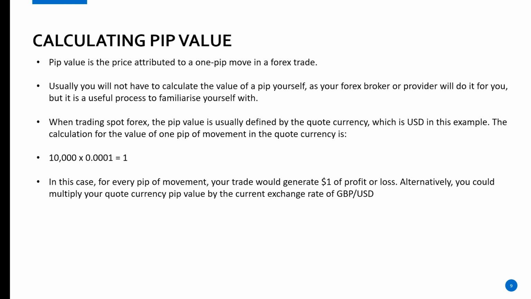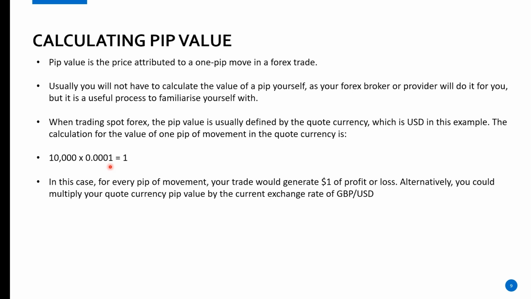So how am I arriving at these figures of $10, $1, $0.1? Let me take you back to the beginning. Remember I said the pip value is the 4th decimal place, and the 4th decimal place, you see it here, is 0.0001. And remember I said that in forex we trade in lot sizes.